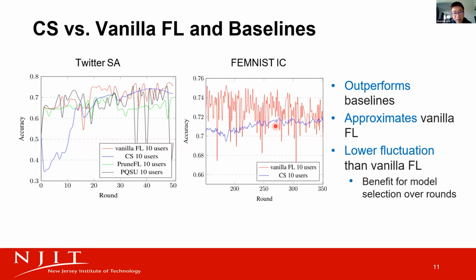However, in vanilla federated learning, especially when we do not have full participation from all the clients, the performance fluctuates a lot. And if we do not have a validation data set to select the best model, it's quite possible that if we just use the current model, it will not perform well.